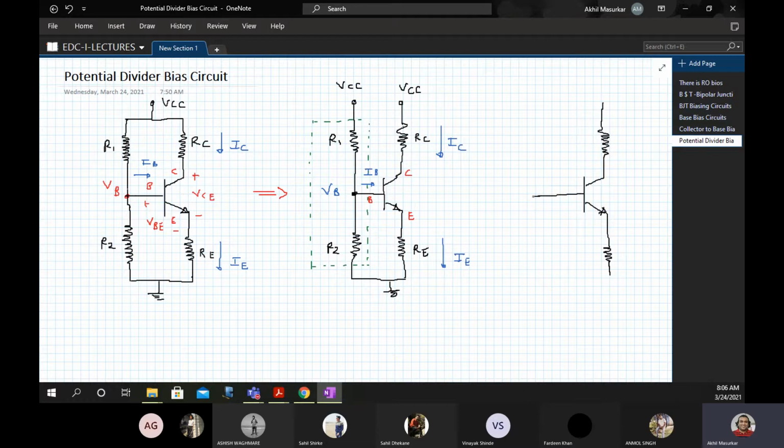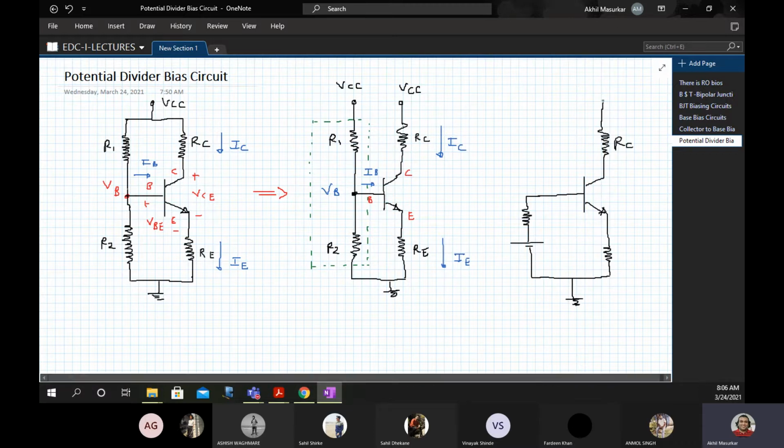Here we would replace this by a Thevenin's equivalent circuit, which means a resistance in series with a voltage source. So this is my RC, this is VCC, this is RE, and this circuit is my Thevenin's equivalent circuit.